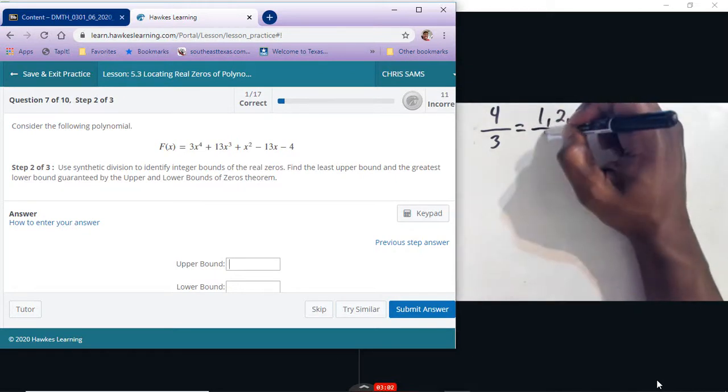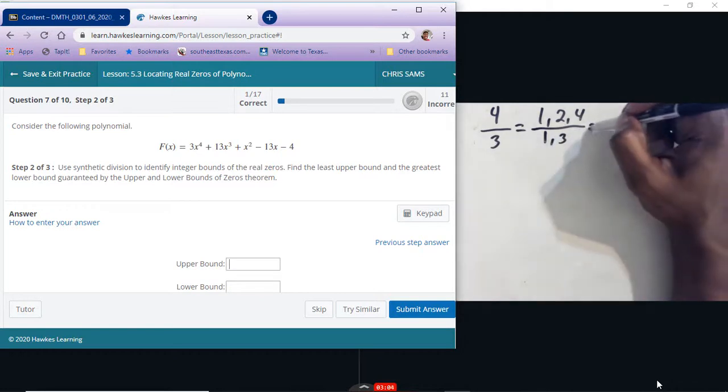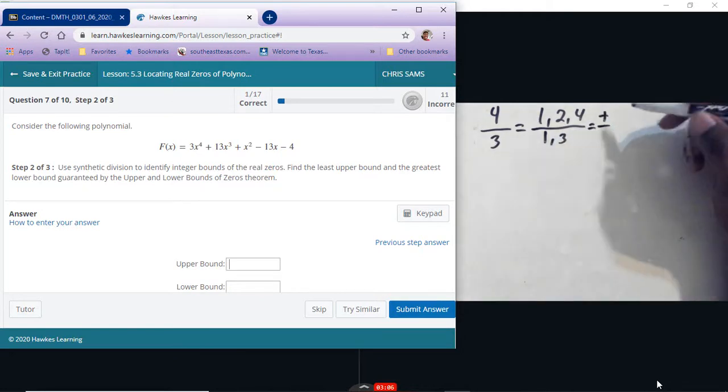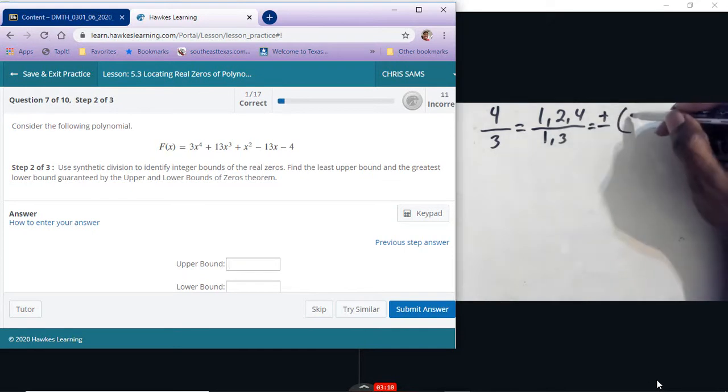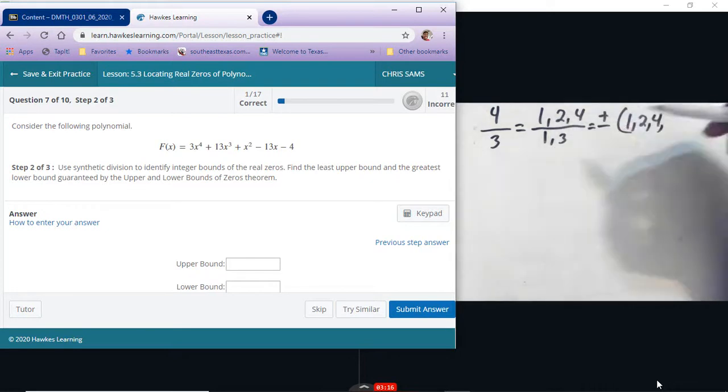Factors of 3 are just 1 and 3. So your list would be positive or negative. All of these numbers divided by 1 would just give me 1, 2, and 4. And then all of these numbers divided by 3, I will have 1/3, 2/3, and 4/3.